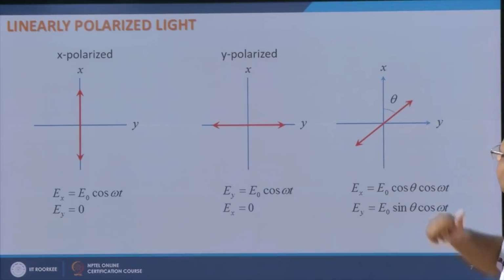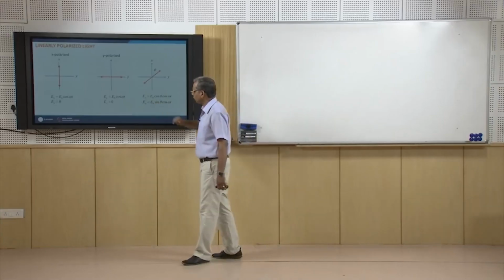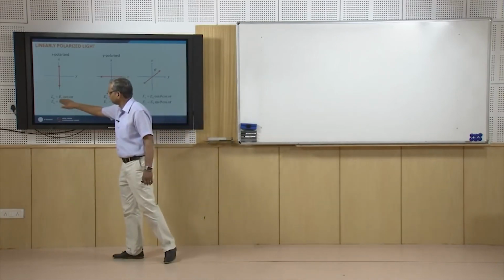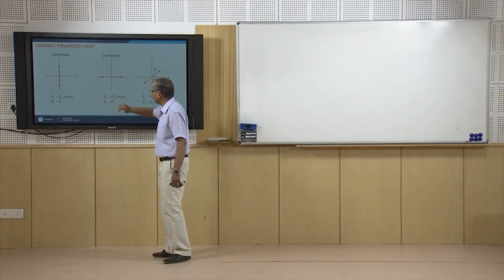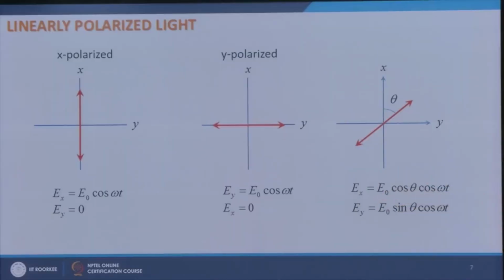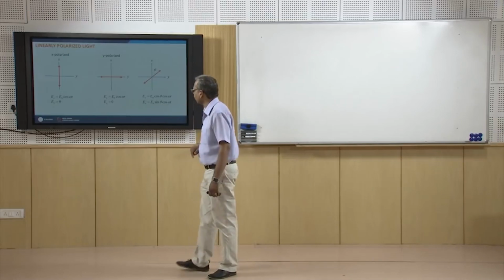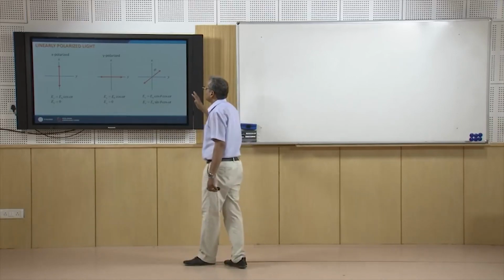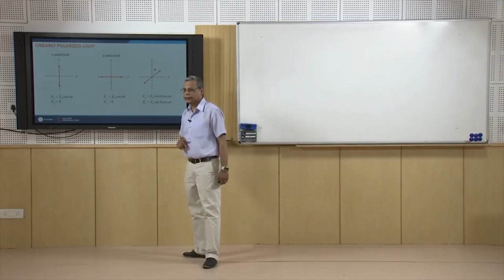Then this I call a linearly polarized wave which has both the components x and y. In one case you have only x component, in another case you have only y component, but you can have x and y both components. And the amplitude of these components will depend upon the direction of vibration of electric field vector. So, these are some examples of linearly polarized light.